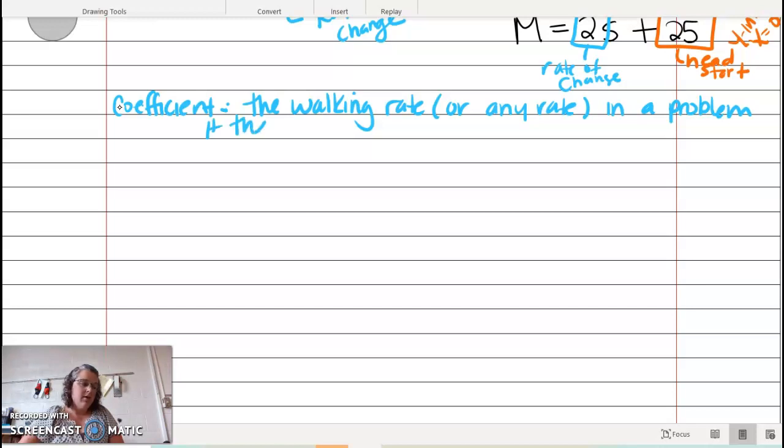It's the constant rate of change. It's next to the variable in the equation.